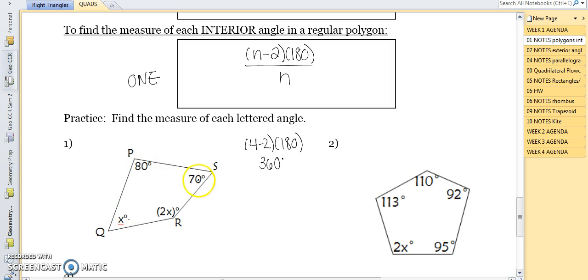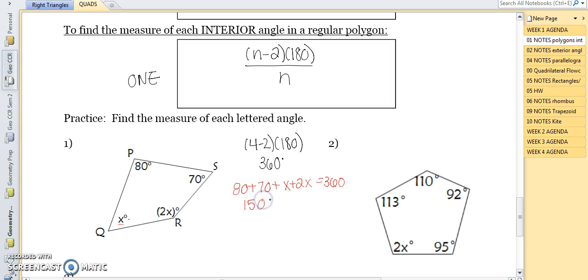We know that 80 plus 70 plus 2x plus x all add to 360 degrees. So let's set up that equation and solve. We combine all our like terms on the same side of the equal sign.